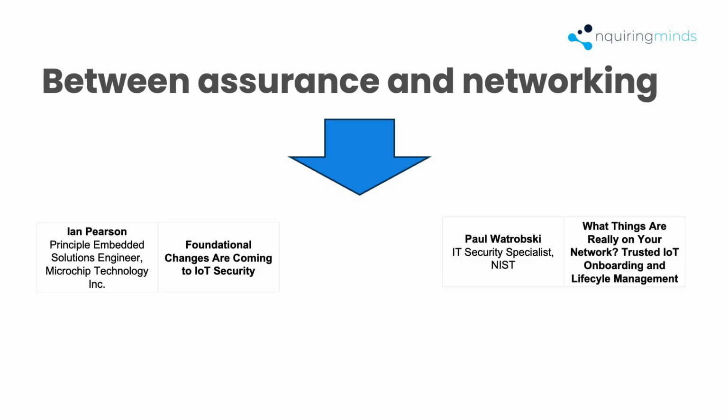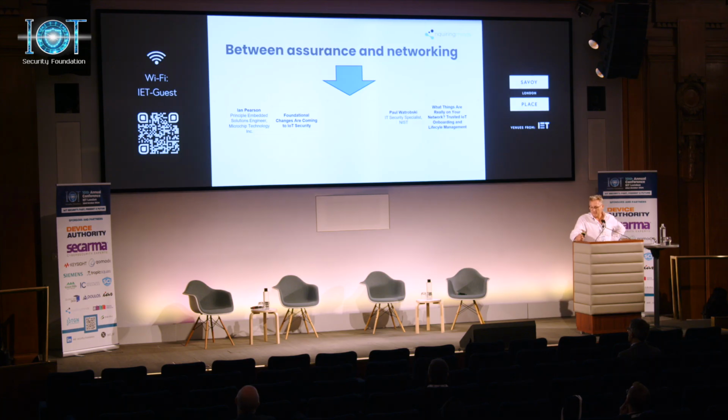In terms of the agenda, I think I've quite neatly positioned between Ian, who's just talked to you about compliance frameworks, how you might evidence certification and compliance with legislation, which is one side of things, and Paul, who I don't think is here, but we've got the pleasure of having Michael talk in a minute about some of the NIST work on trusted onboarding.